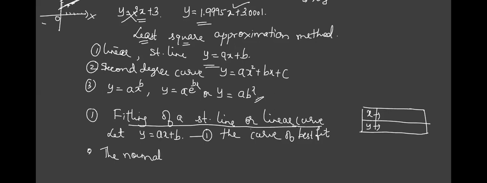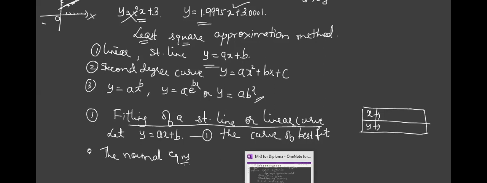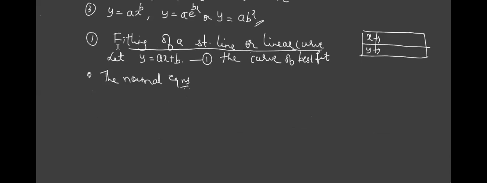They are called normal equations. Writing the normal equation is very simple. If you understand the method over here, you can understand the next curves also easily. This is my equation. Now if I put a summation for all, what happens? It becomes summation of y equal to summation of ax. I'm just putting a summation for that.